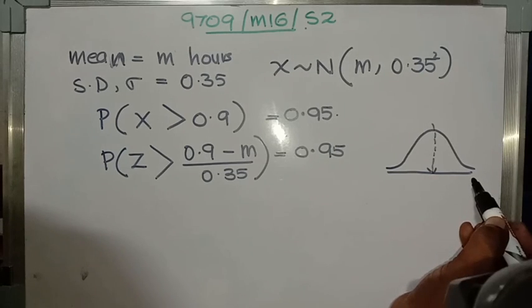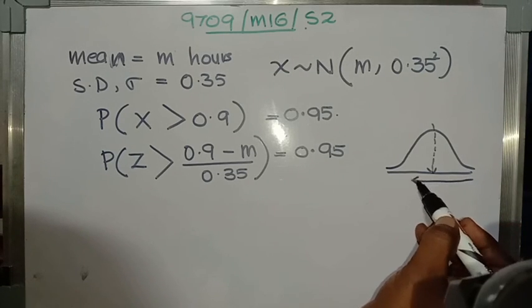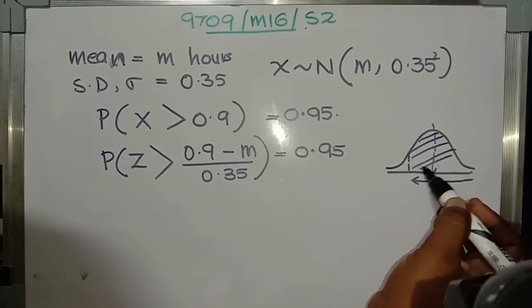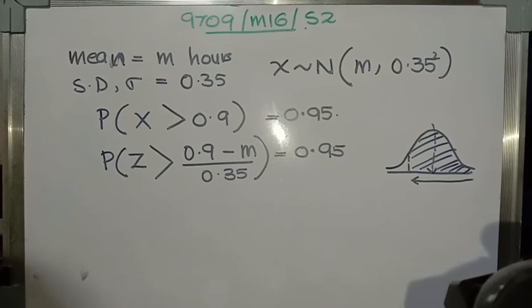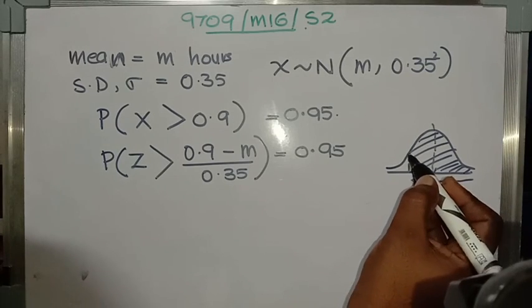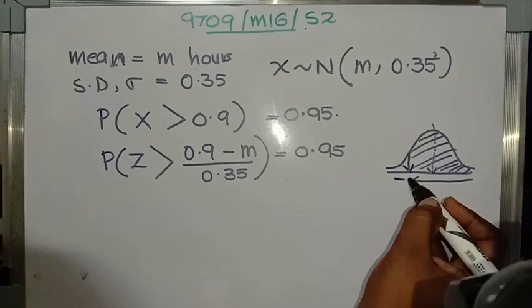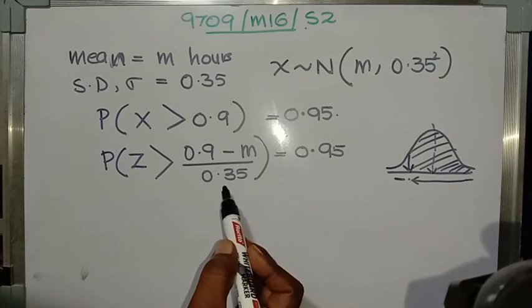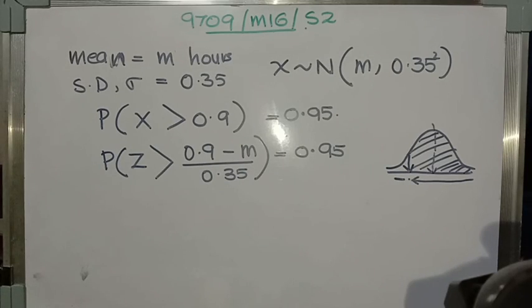So this would be the region which gives us the answer. That means the value lies on the negative side. That means (0.9 minus m) by 0.35 lies on the negative side.